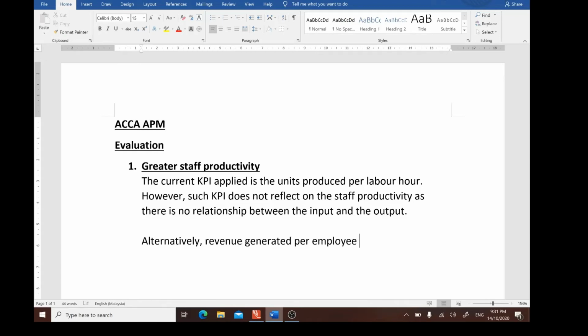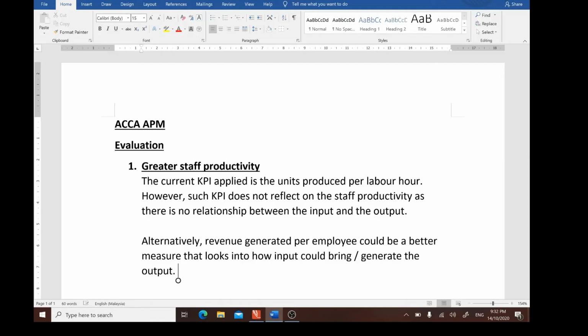Revenue generated per employee could be a better measure that looks into how input could bring the output. So when I say to bring, as in to generate the output in a way.